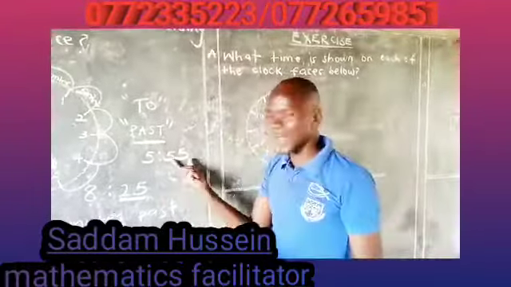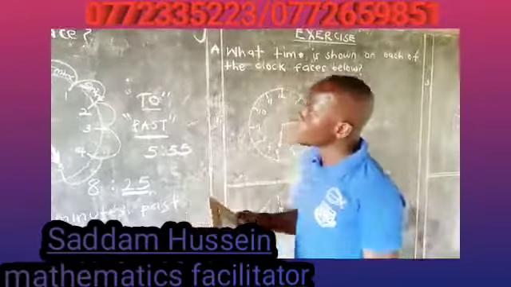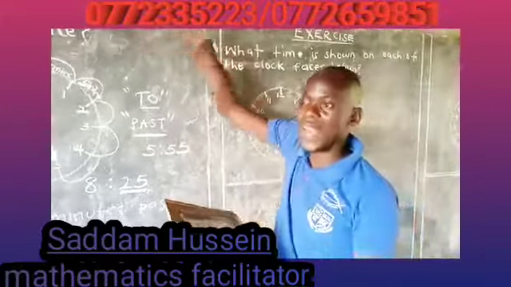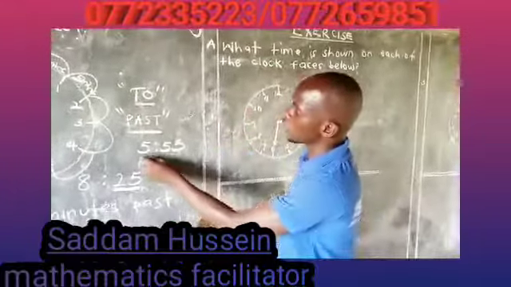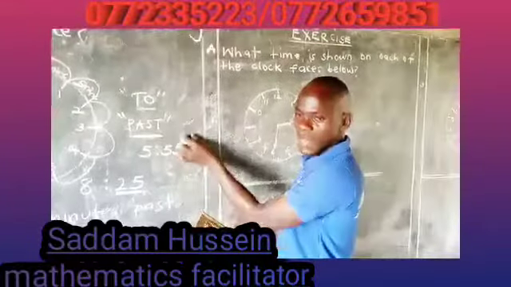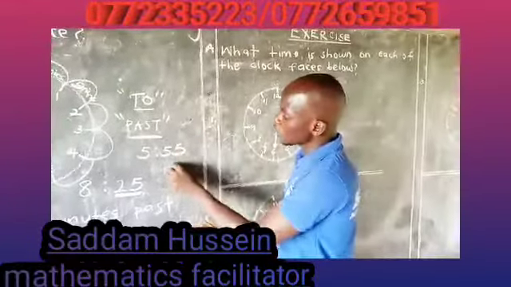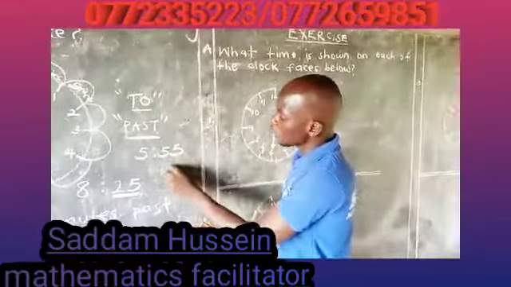But if the minutes are less than 30 or equal to 30, we use the word past. When the minutes are above 30, we get the difference. 60 minus the minutes that we are seeing here, then we read the next hour. For example, as I've told you, if it is 5:55, we say 5 minutes to 6. If it is 4:45, this is also above 30.